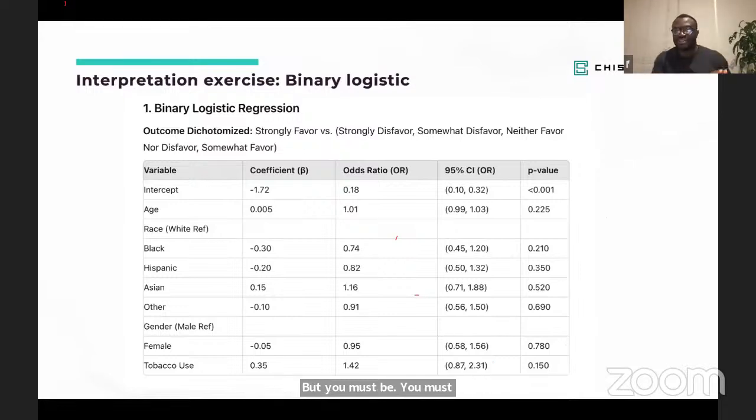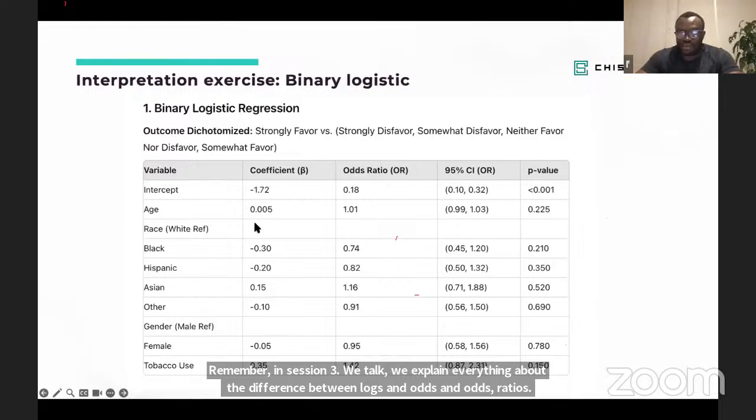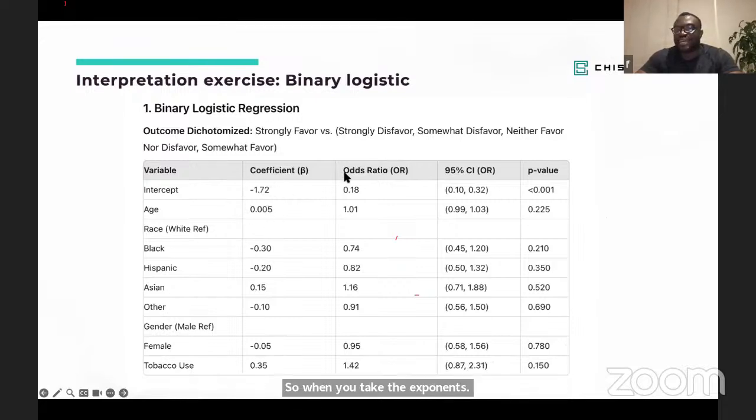Remember, in session 3 we explained everything about the difference between log odds and odds ratios. When you take the exponent of the log odds, that is how you get the odds ratios. So please do not interpret the log odds as odds ratios, because that is completely wrong. Odds ratios cannot be negative; they can only be positive.